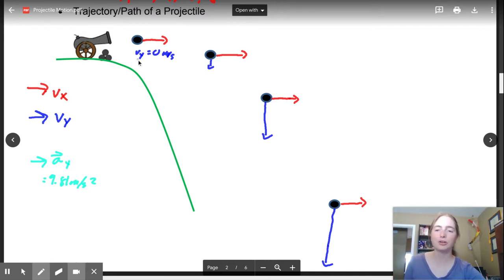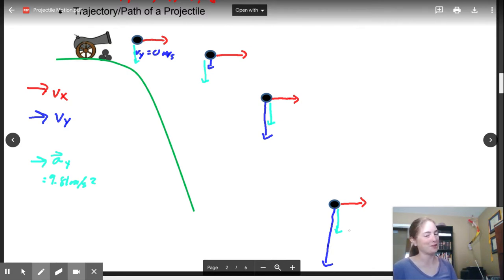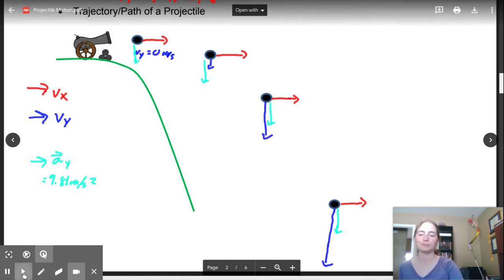So if we're going to draw our acceleration arrows on this, they're all going to be the same size because the acceleration is not changing. The velocity is changing. It's going faster downwards. But acceleration is constant at 9.81 meters per second squared down. All right, guys? Okay. So there are your vector arrows.